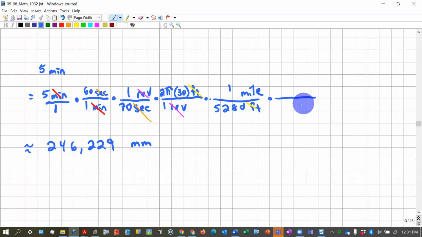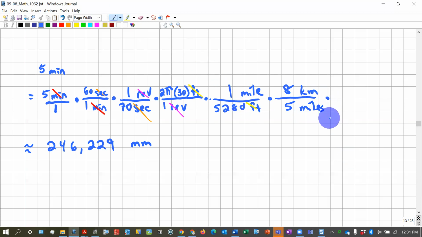And 8 kilometers is approximately 5 miles. This one is not an exact conversion though, but it's a nice one to know when you're calculating distances.